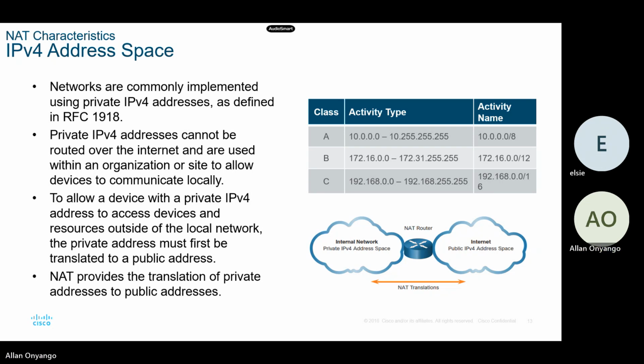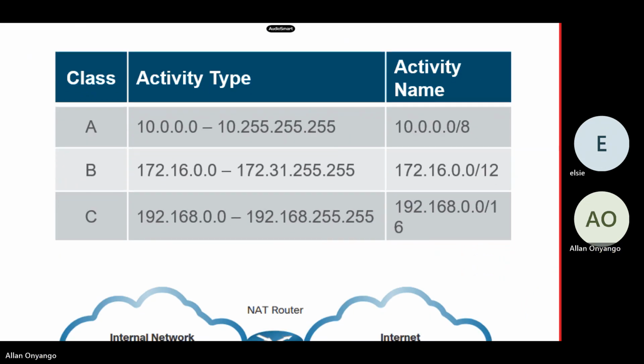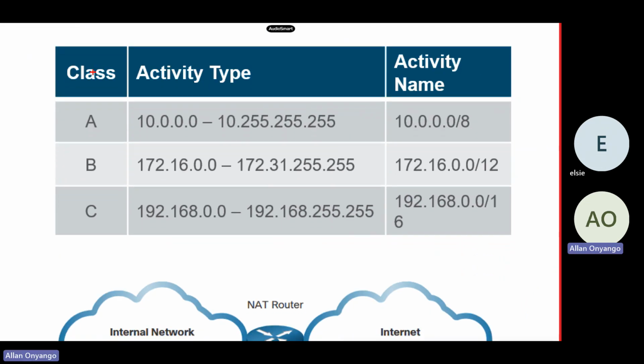So NAT generally provides the translation from private to public and public back to private. In this particular table, we have three classes of private addresses. The first class of private addresses is 10.0.0.0 all the way to 10.255.255.255. That is class A. Class B is 172.16.0.0 all the way to 172.31. So look at the second octet difference.